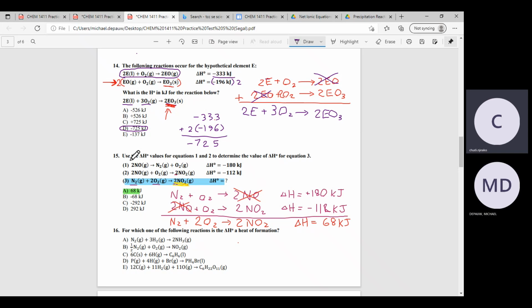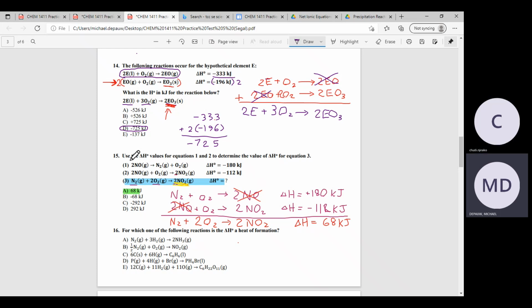So I guess for the second equation, we cannot add. We can't. Yeah, we can't add anything to the second equation by itself. The only thing that we can do with a given equation is either flip it, products go on the reactant side, reactants go on the product side, or we can multiply it by a number.